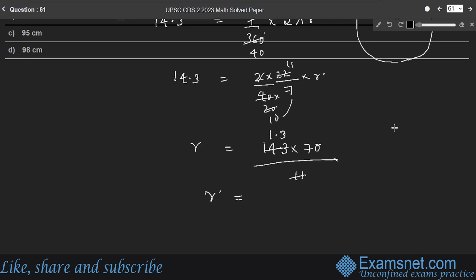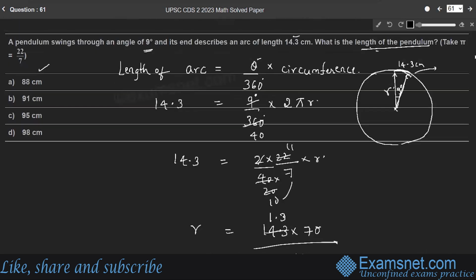That is 91 centimeter, the radius of the circle or the length of the pendulum. With respect to the clock, it is the length of the pendulum; with respect to the circle, it is the radius. Therefore, it is 91 centimeter, option B.